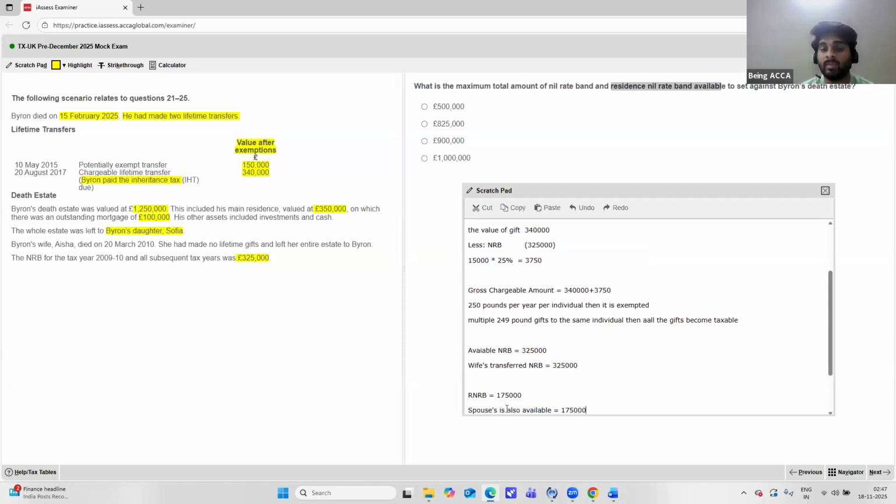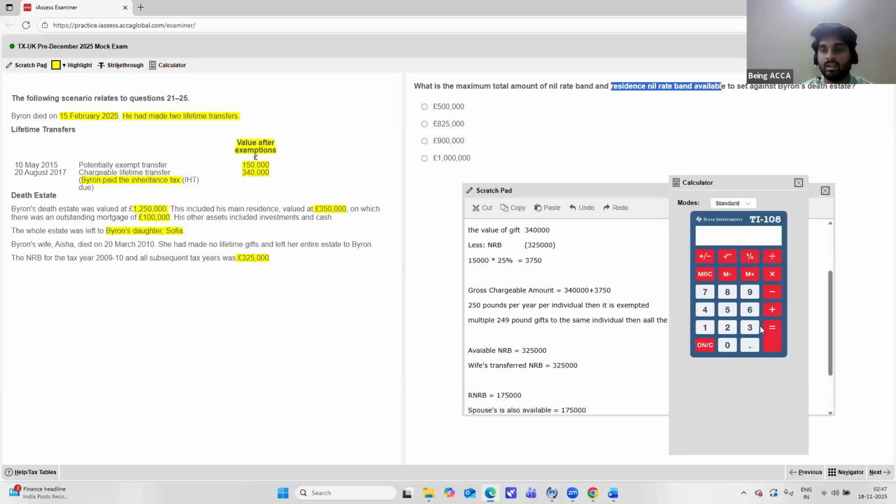So the total nil rate band available to us would be 325,000 plus 325,000, okay, let's keep it here until this point to identify the differentiating factor, 650,000.